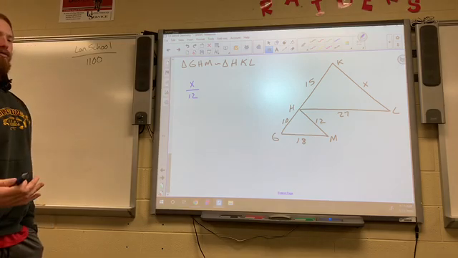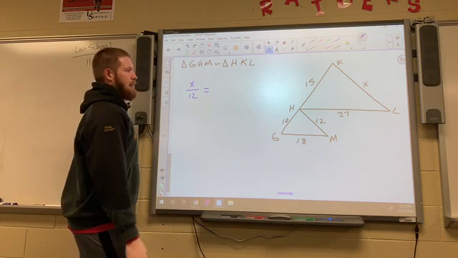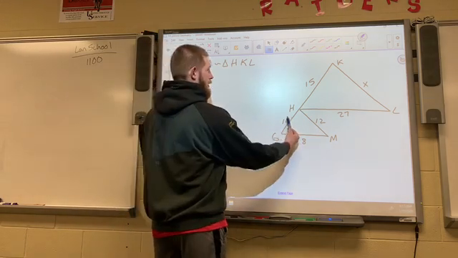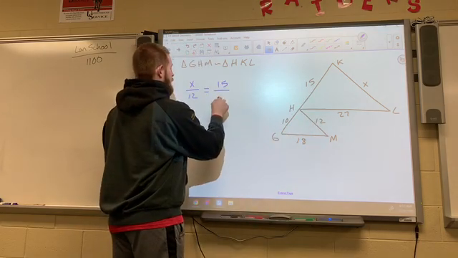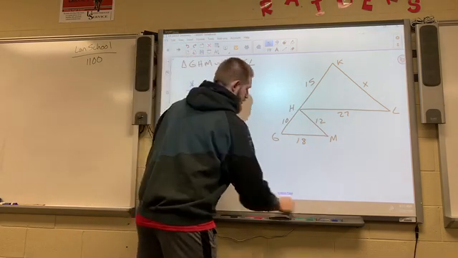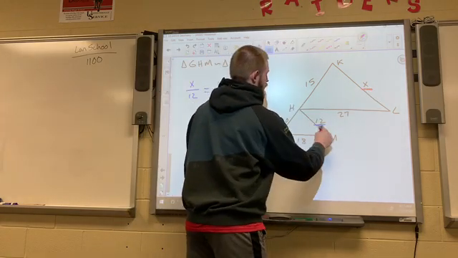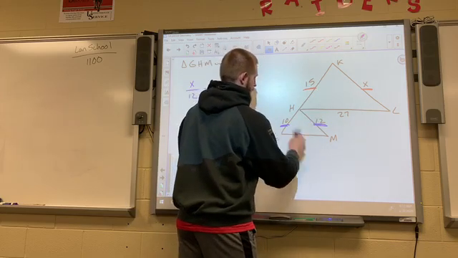Now I need another ratio to be able to set up a proportion. Okay, I'm probably going to go after my small numbers again, and I'm going to do 15 over 10. Okay, notice I did x over 12 and then 15 over 10.